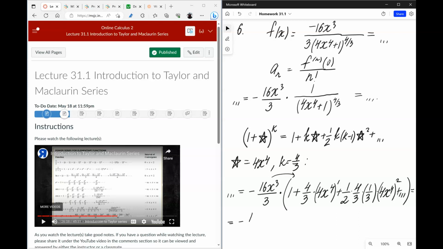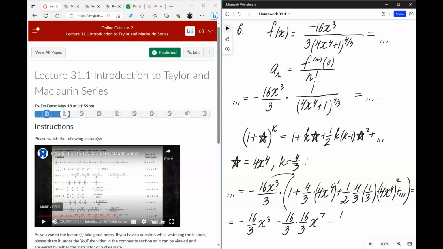So we have negative 16/3 x cubed, and now we're going to have negative 16/3 times 16/3, x to the power 7.